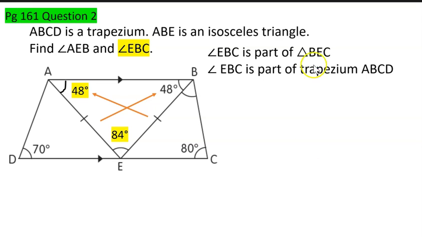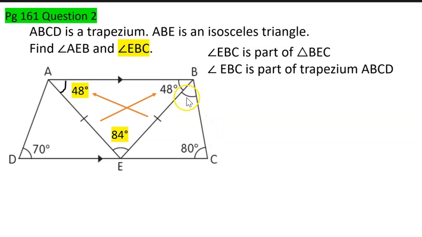Should I use the angle properties in a triangle or the angle properties in the trapezium to find angle EBC? Looking at the known angles, I would use the angle property of the trapezium because angles between the parallel lines in the trapezium will add up to 180 degrees.